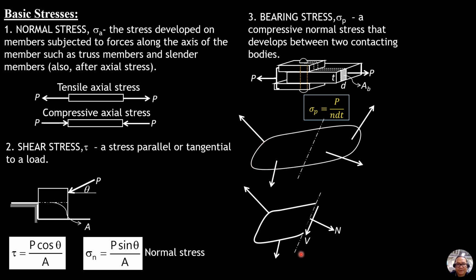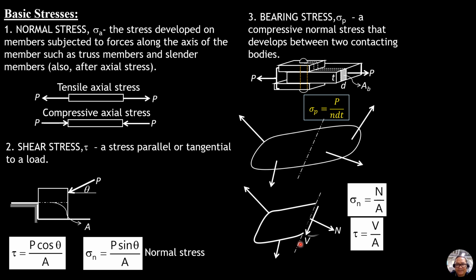So considering the left portion of the section, this is the free body diagram. We have shear parallel to the section, normal force which is perpendicular to the section, and the third one is the bending moment M. The normal stress is this normal force over the area of that revealed section. The shear stress is equal to this shear force V divided by the area of that section.